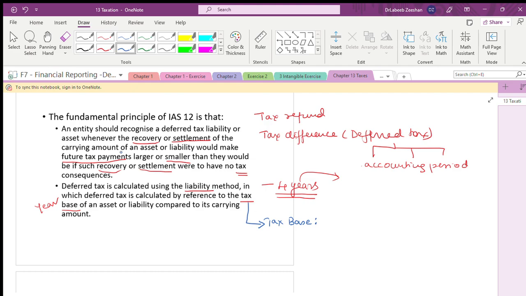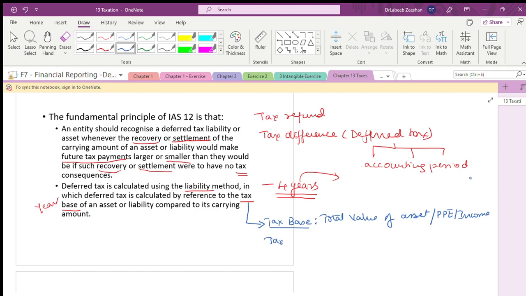What is the tax base? Tax base is nothing but a total value. Is it the total value of an asset, the total value of property, plant and equipment, or the total value of income? What is its importance?